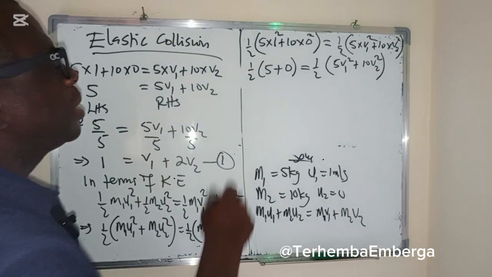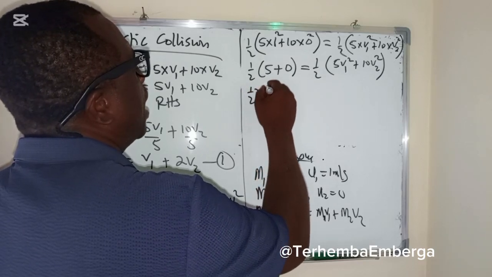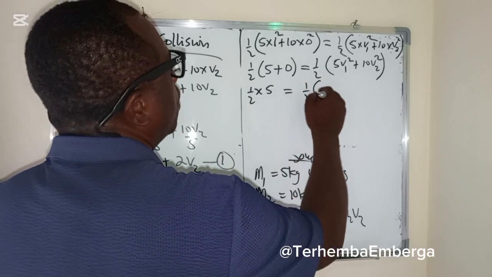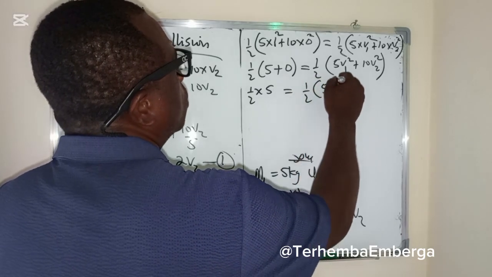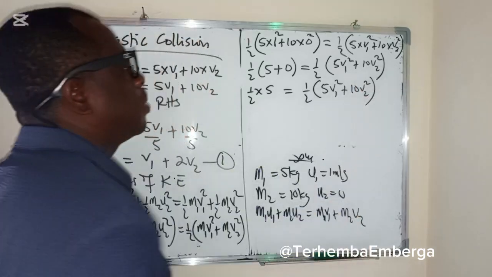We can write this as half times 5 equal to half into 5V1 squared plus 10V2 squared.